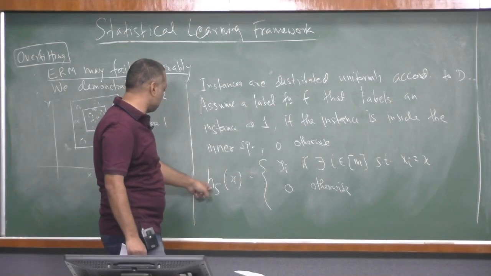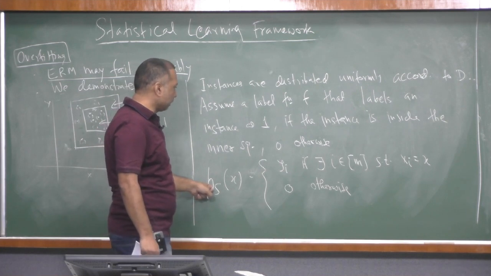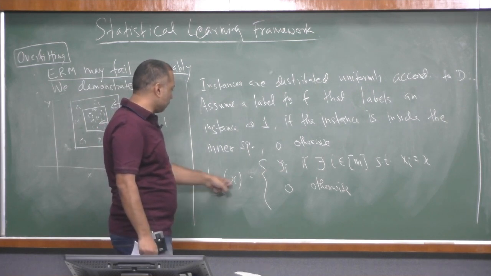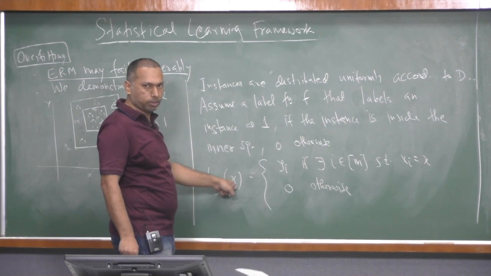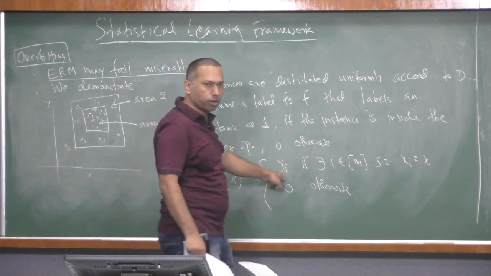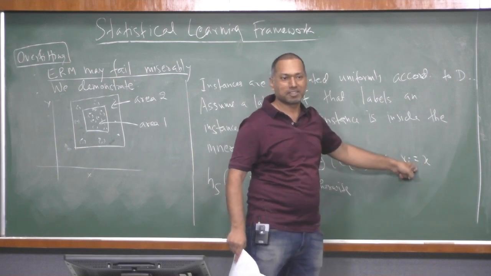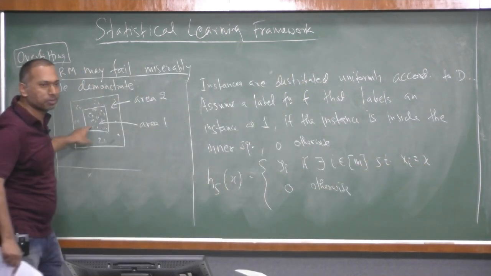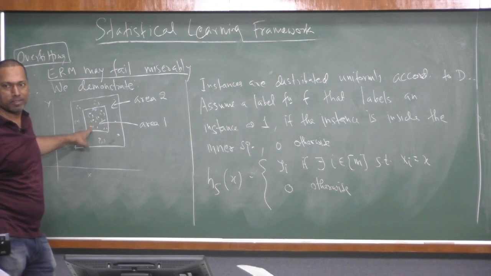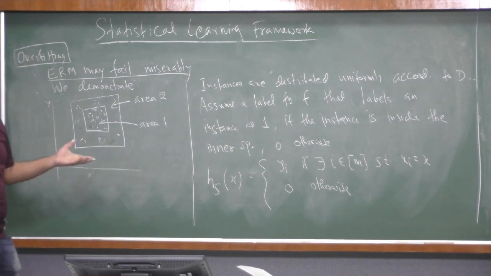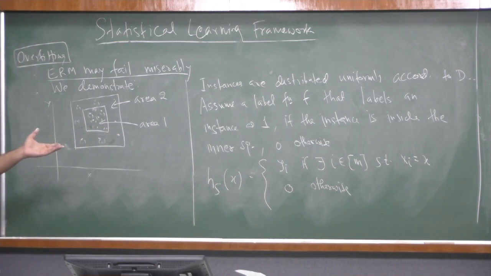So this hypothesis function, the prediction rule, what it says is that for an x, I am going to label it as yi if x happens to be xi. But this is exactly what training data is supposed to do, right? So what did you do? You memorized. So memorizing can be bad.